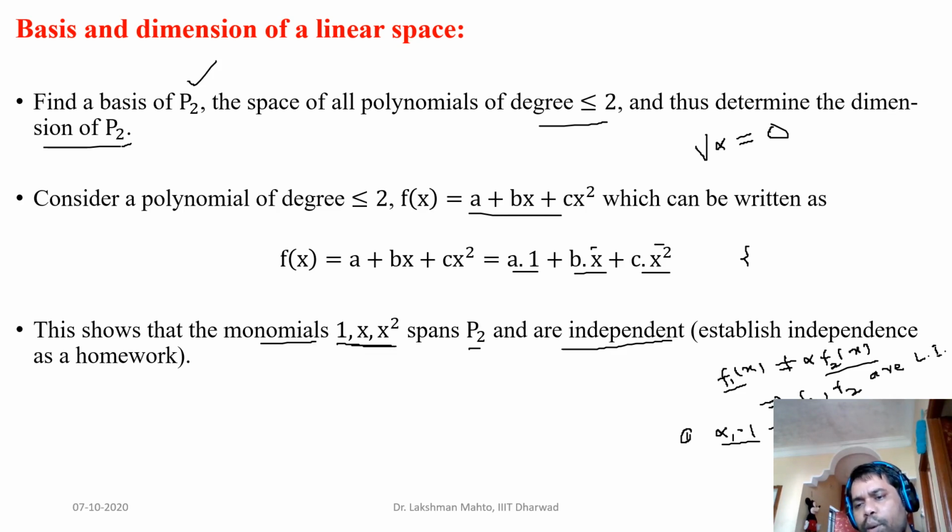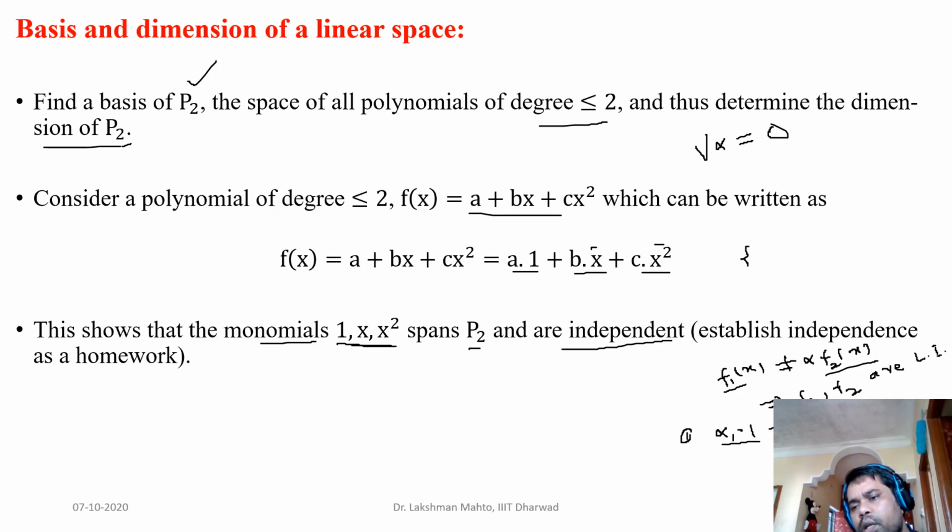Now we get one more equation by differentiating one more time. You will get twice alpha 3 equal to 0, and the right-hand side is 0, since the derivative of 0 is always 0.